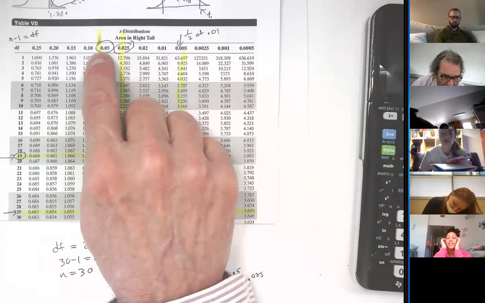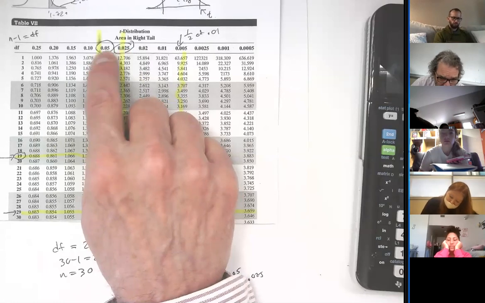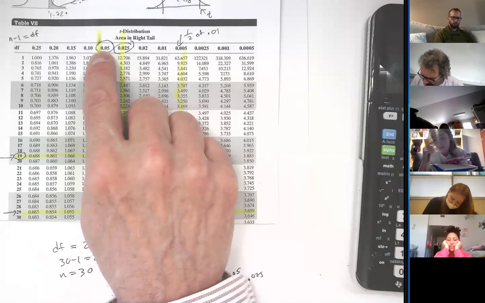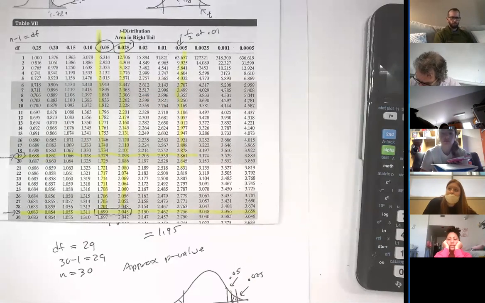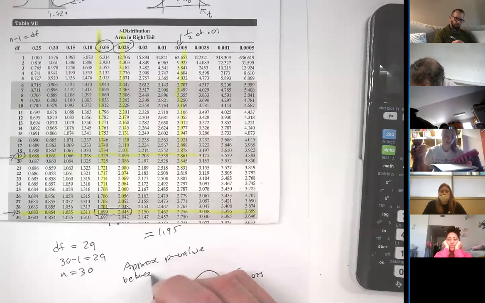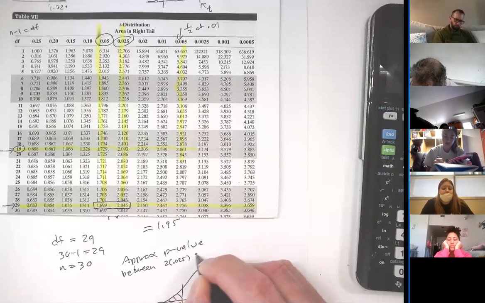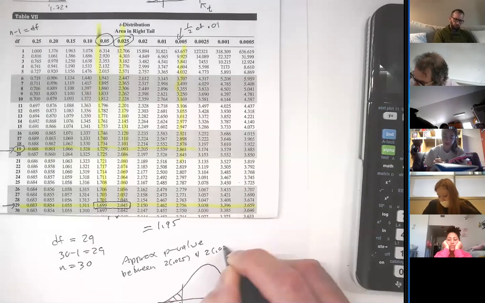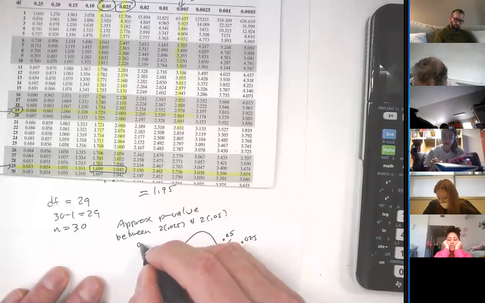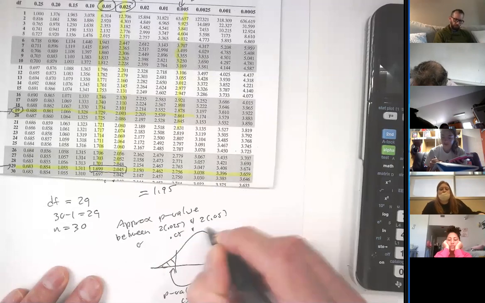So those two values, the double tail probabilities, because it's a two-sided test, will be less than and greater than the actual p-value. It's tough. I'll put it here. I told you it was a hard question. Between 2 times 0.025 and 2 times 0.05, like that. Or 0.05 and 0.10.